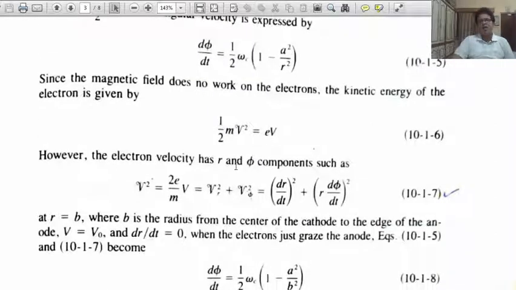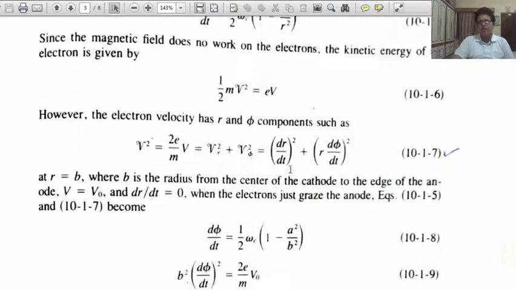Hence the electron velocity has r and phi components such that v square equal to 2e upon m V equal to vr square plus v phi square, again in cylindrical coordinates, (dr upon dt) square plus (r d phi upon dt) square. Now at r equal to b, the radius from the center of the cathode to the edge of the anode, v equal to v0 and dr upon dt is equal to 0 when the electron just grazes the anode.